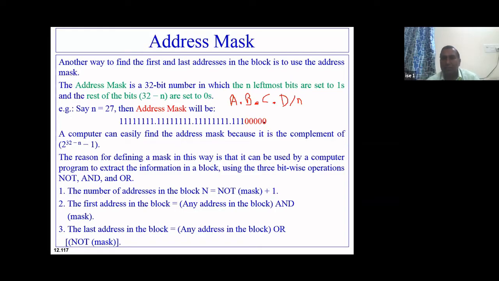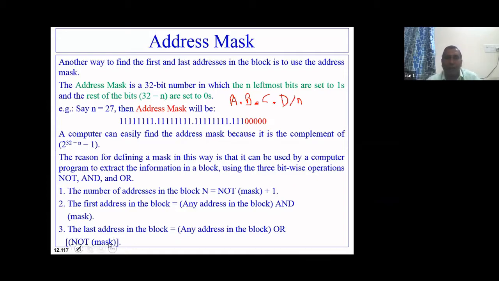So this is 1 plus 2, that is 3, plus 4, 7, plus 8, 15, plus 16, total 31, plus this one becomes 32. So I know the total is 32 addresses.